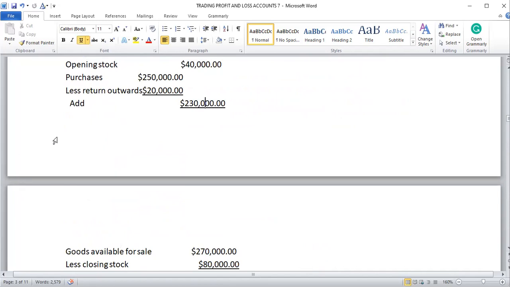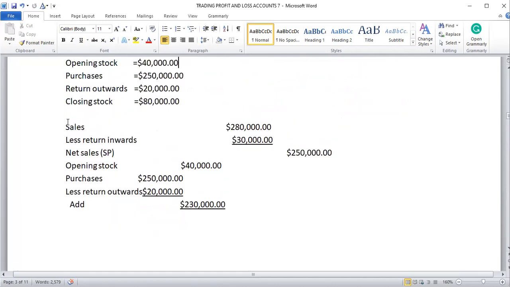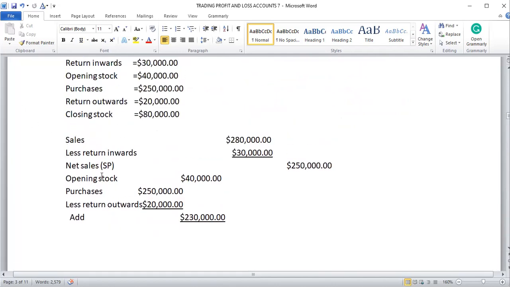So we have our opening stock, $40,000, this one. Then our purchases, $250,000, this one. Returns outwards is $20,000, which is this one. So $250,000 minus $20,000, we get $230,000.